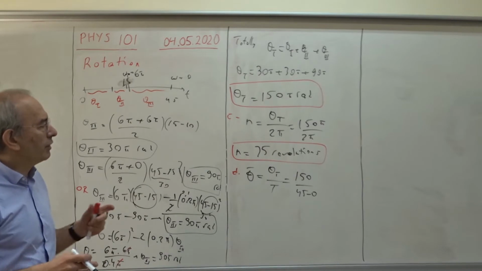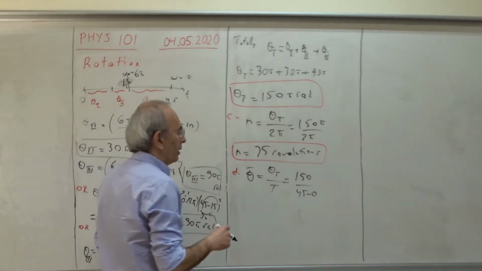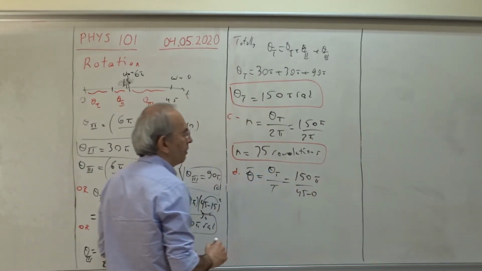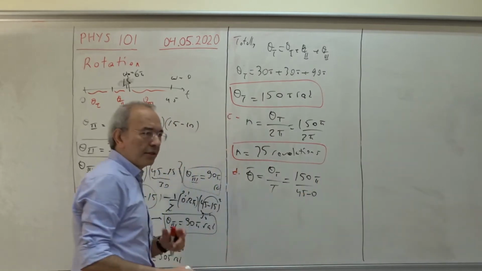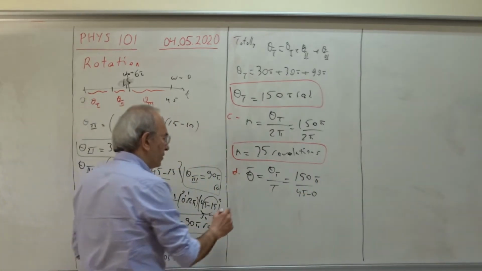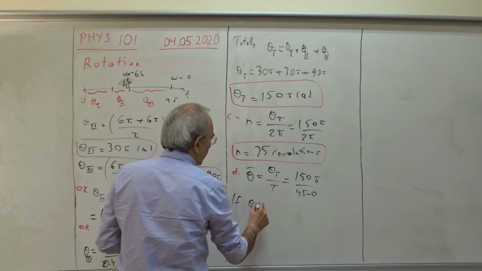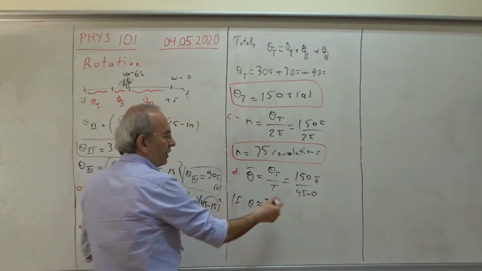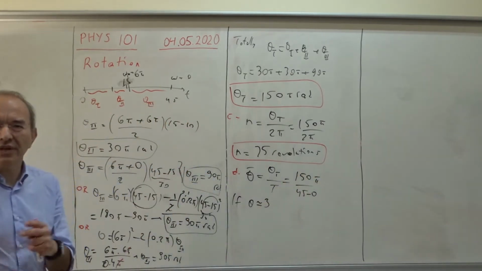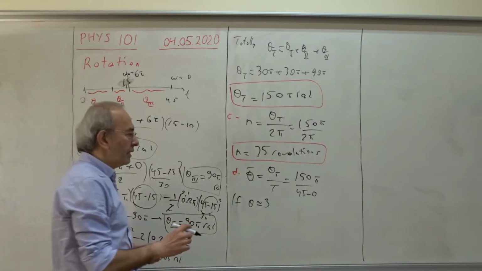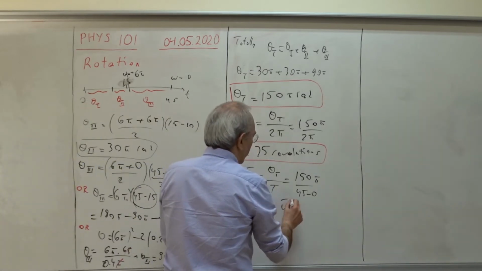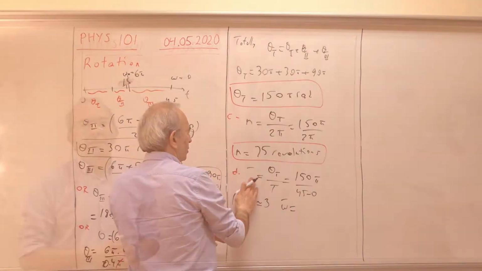If you take, for instance, pi as 3, then 450 by 45 is almost 10 radians per second. So omega bar is about 10 radians per second.